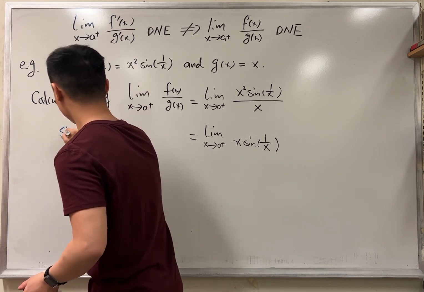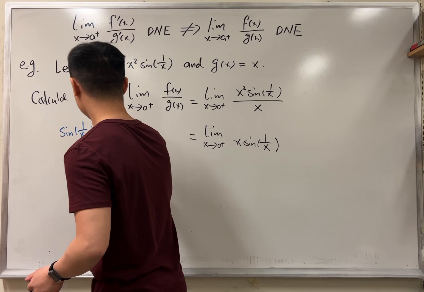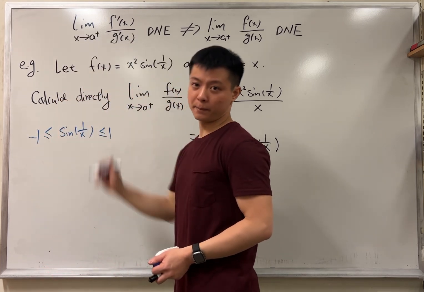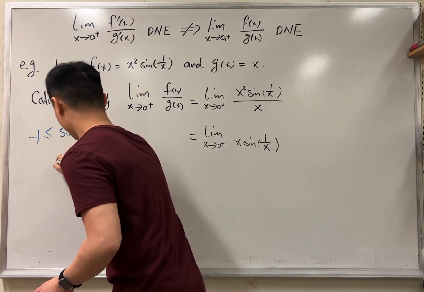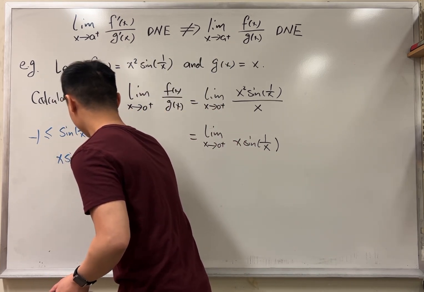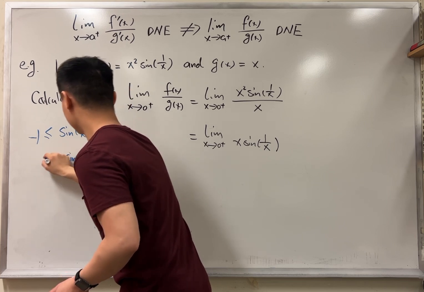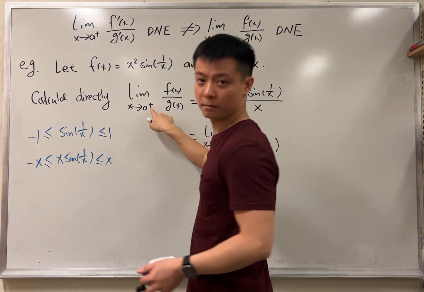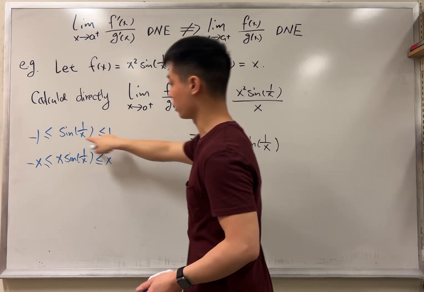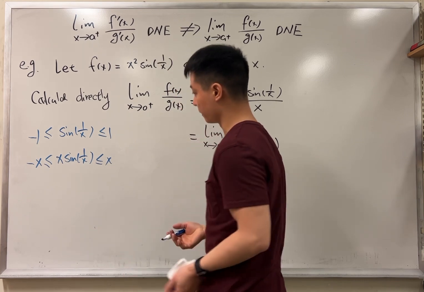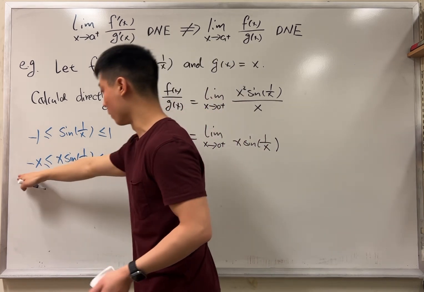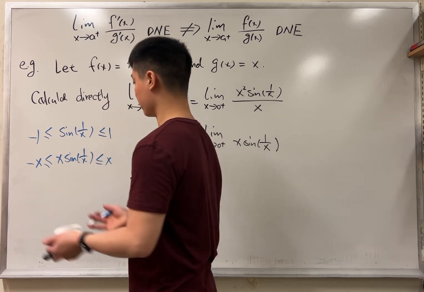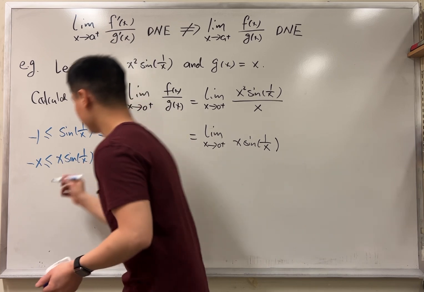We're gonna start with sine of this thing bounded by 1 and negative 1. And then we multiply both sides by x to have x sine of this less than x, and then negative x. Because x is positive, it does not change the direction of the inequality. And then we see both the lower bound and the upper bound have 0 as their limit as x approaches 0.